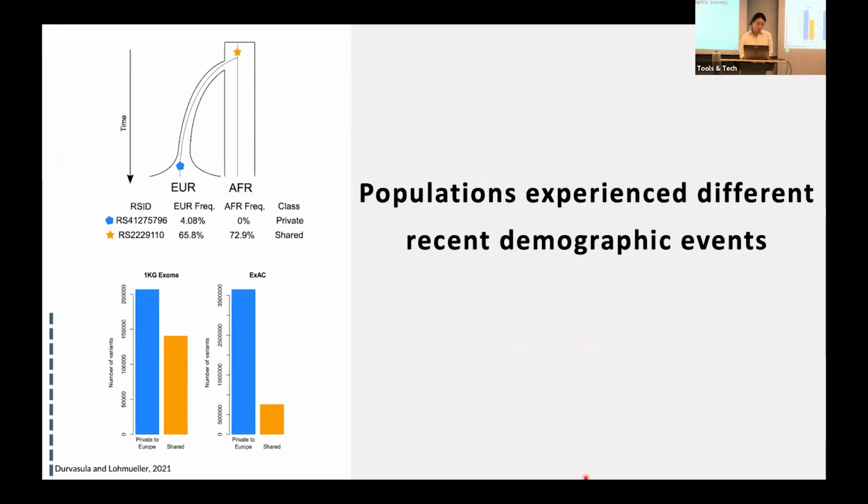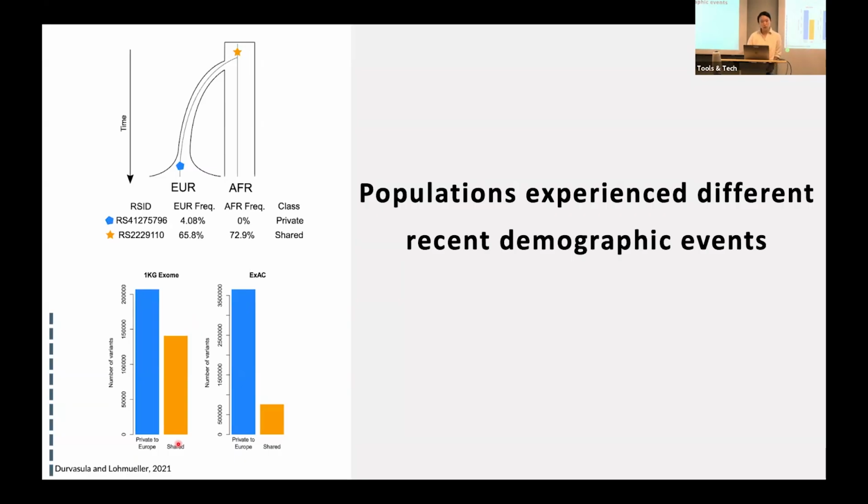This study published in 2021 by Durvasula and Sankararaman showed, through simulations and by analyzing empirical data, that as the European populations experienced the out-of-Africa bottleneck and then recent exponential growth, they accumulated a large number of private variants that are only present in the European populations but absent in African populations, limiting the number of variants that are shared between the two populations.